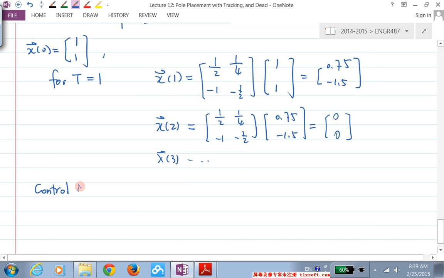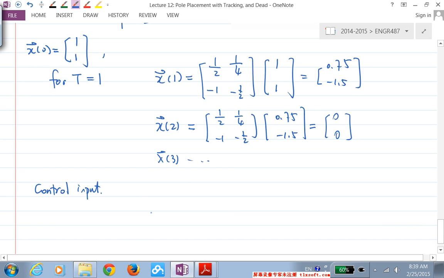What will be the quantity of the control input to the system? The control input is u of k. So I guess what we can do is check each step, for the control input.